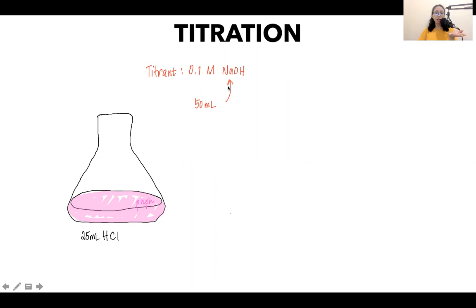Okay, it's H plus ions essentially. Again, we have the neutralization reaction as our basis. So your hydrogen ions react with hydroxide ions in a 1:1 ratio.